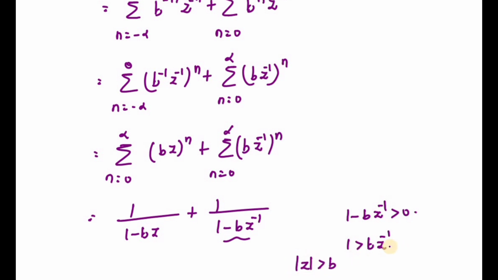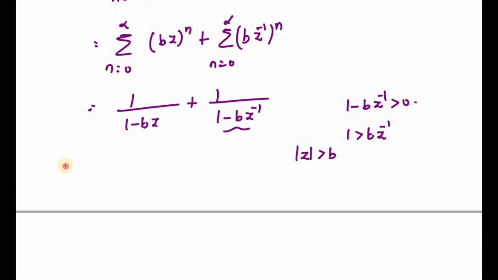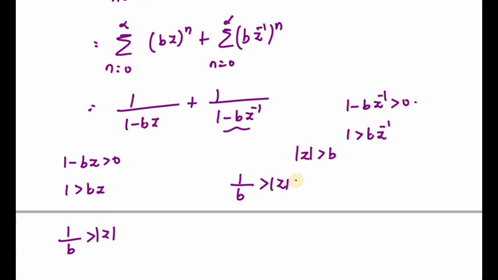And if I equate 1 minus b z greater than 0, I'll get 1 is greater than b z, so 1 by b is greater than z. Okay. So I can write it as 1 by b greater than z, and z greater than b. So that is your option.